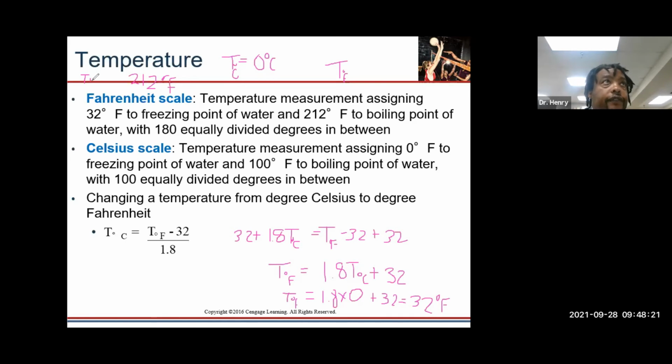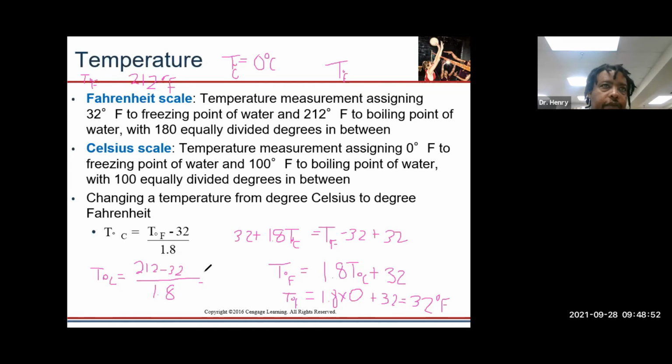Our TF is equal to 212 degrees Fahrenheit. In this case, we're going to use this equation here. So we're solving for TC, or temperature in Celsius. So we plug in 212 minus 32 divided by 1.8.